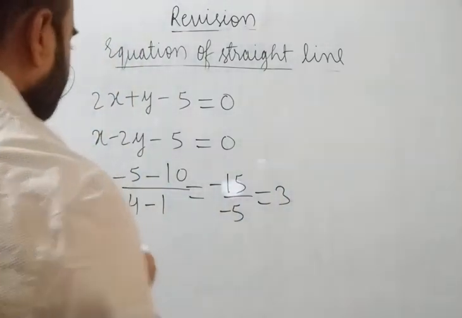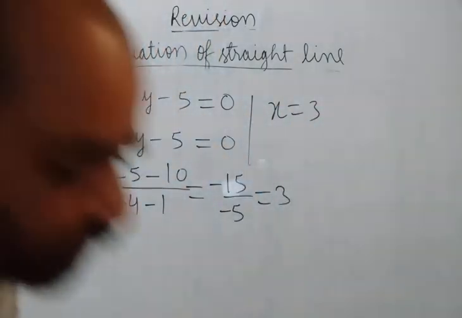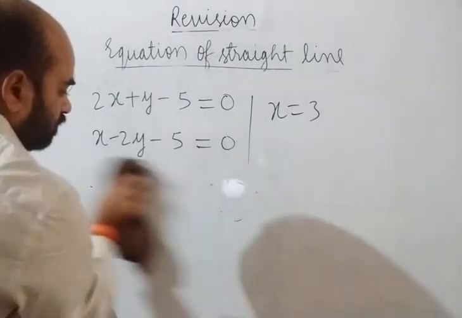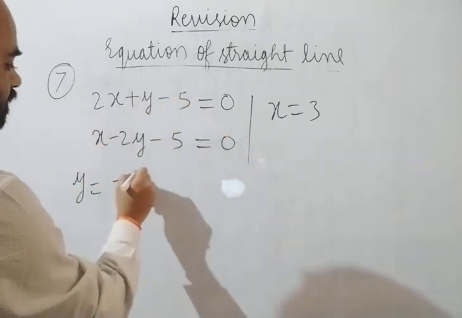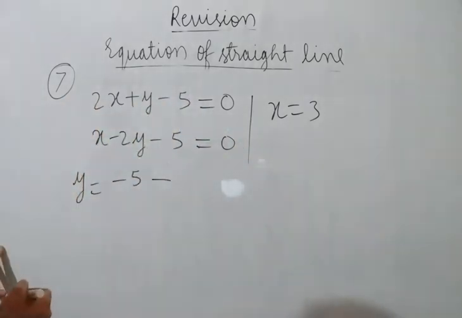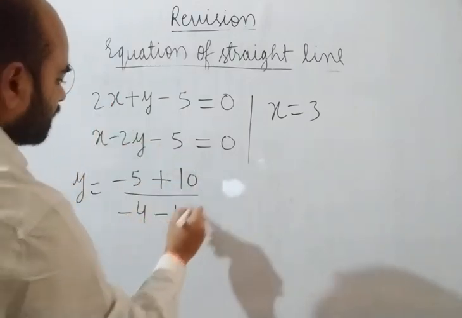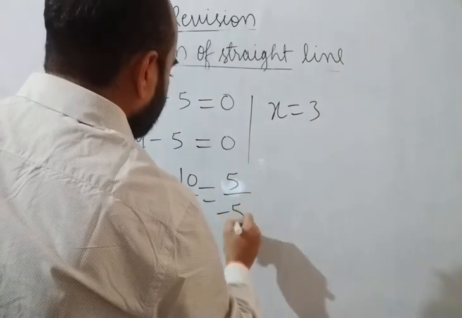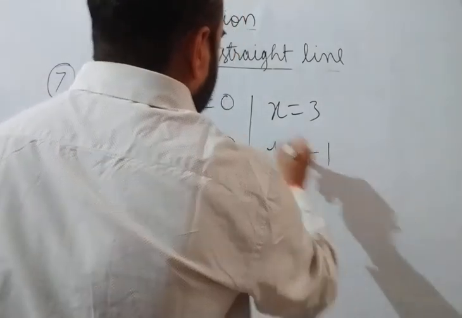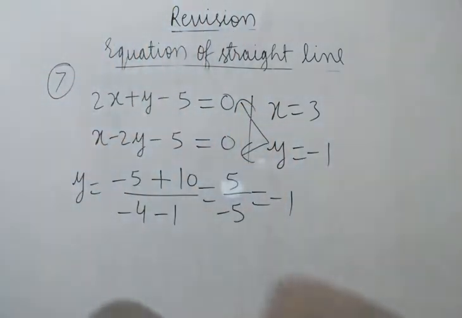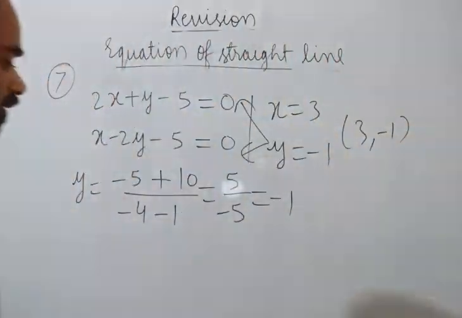Now y will be c1a2 minus c2a1, that is minus 5 minus, plus 10, upon minus 4 minus 1. So this will be 5 upon minus 5. It means minus 1. Therefore y will be minus 1. So this is the point of intersection of these two lines, that is (3, minus 1).